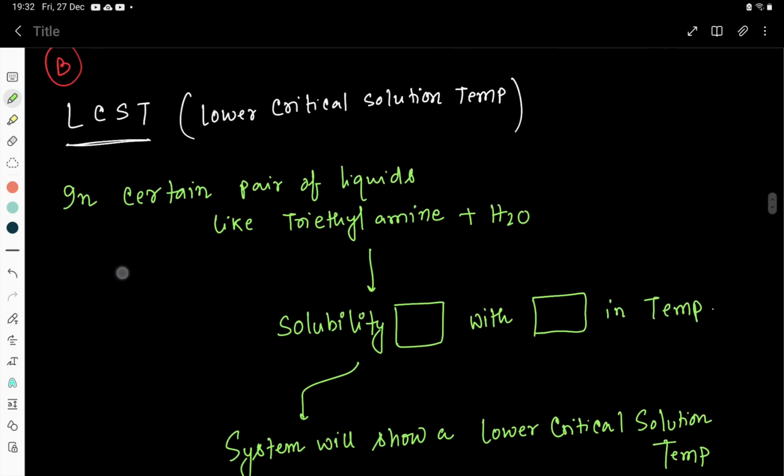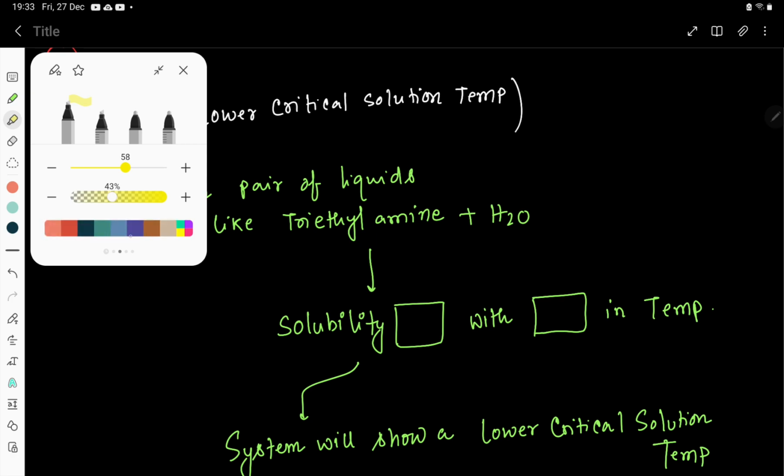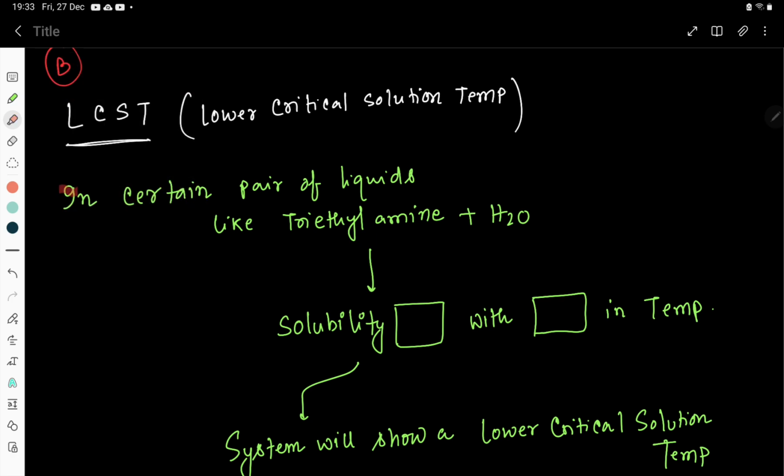Now we are coming to LCST, that is lower critical solution temperature. What is this actually? This is basically in certain pairs of liquids like triethylamine plus water.